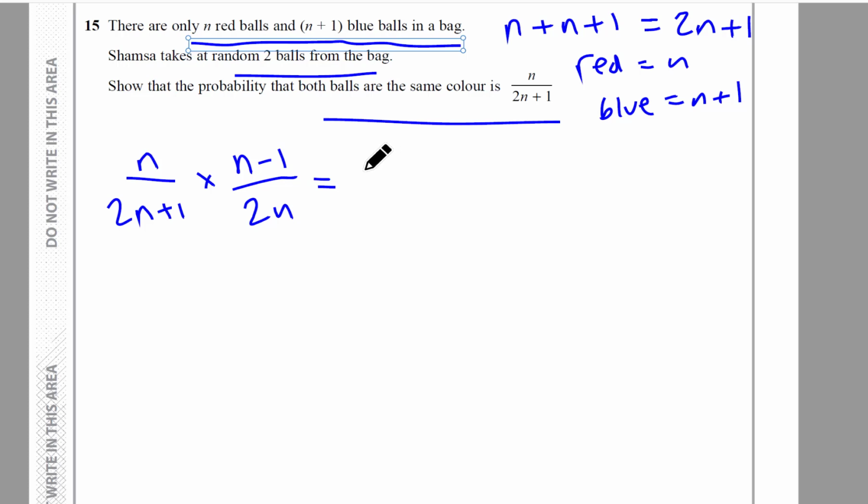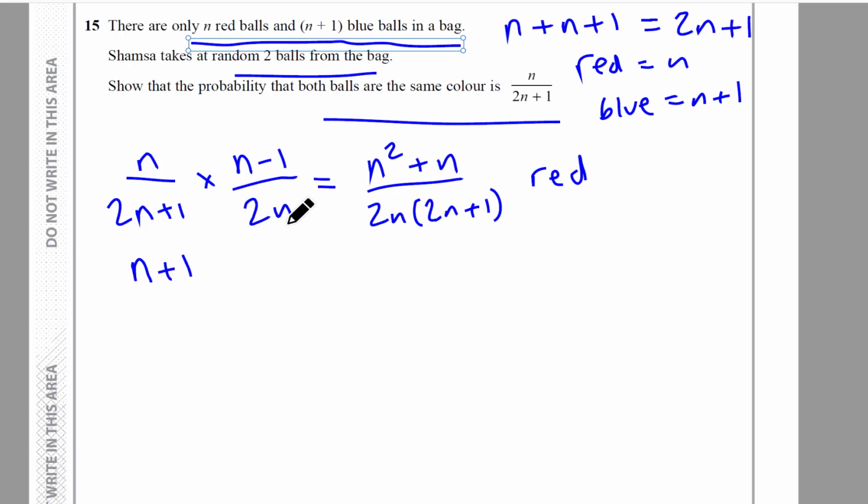So we're going to get n squared plus n over 2n plus 1. I'm just going to leave that for now. That's the probability of getting 2 reds. Or 2 blues, so the 2 blues is n plus 1, that's going to get you a method mark, over 2n plus 1. That's 1 blue, so for the second blue we've got 1 less blue, so now that's going to be n times 2n.